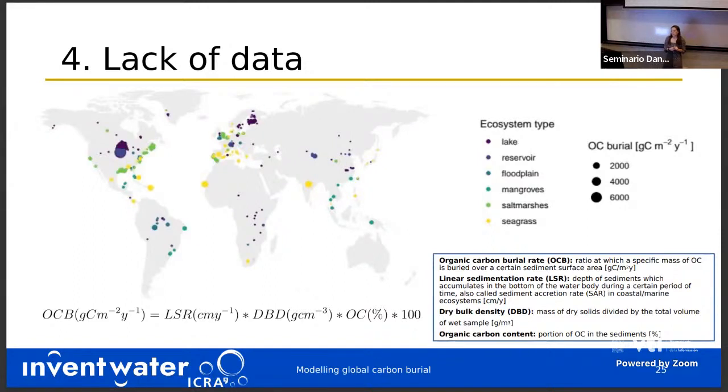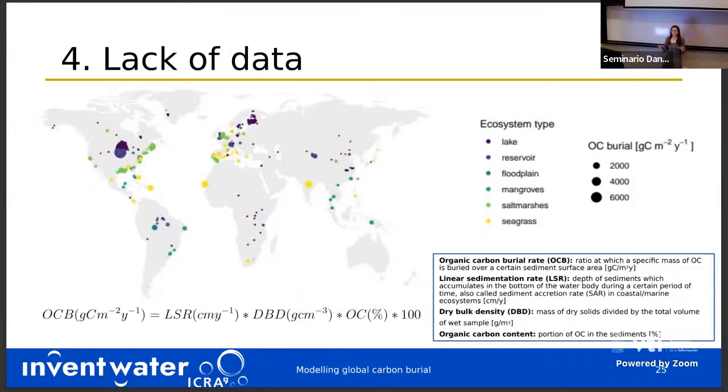And here at the bottom, I added the formula, which is normally the methodology that they use to calculate this rate. It varies a lot between studies, and also how they calculate each of those parameters varies. So they have different methodologies to measure.